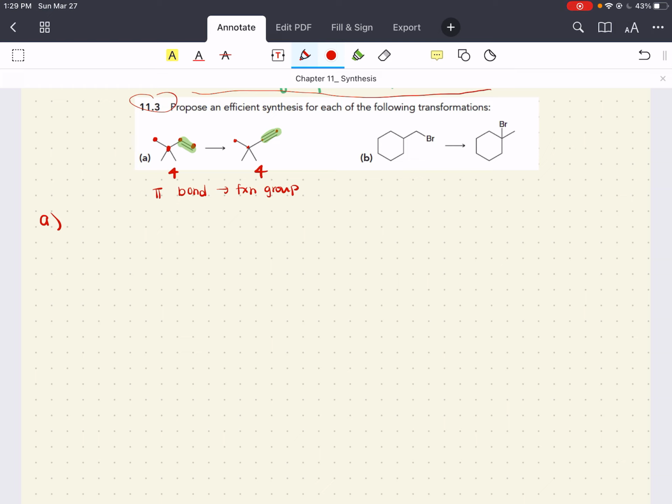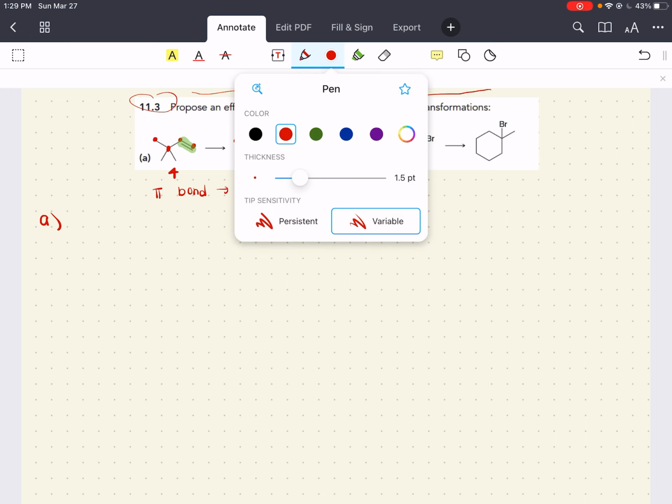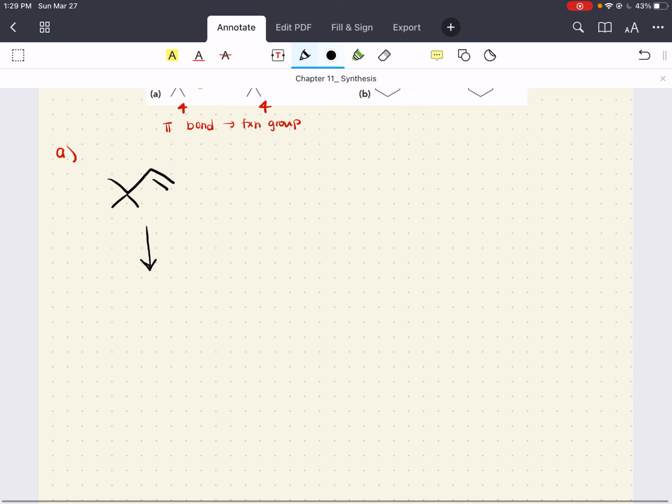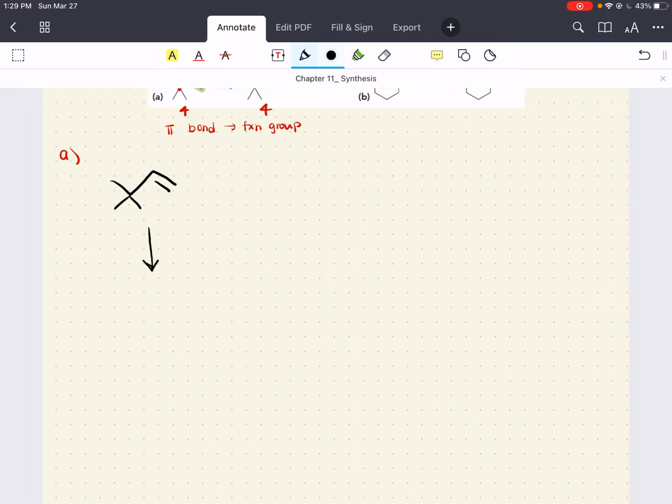What we can do here is add some functional groups to this double bond and try to transform it from what we know of having maybe leaving groups into a triple bond. One way we can do this is let's take our double bond that looks like this, and let's do an addition reaction where we add halogens to both sides of that double bond.